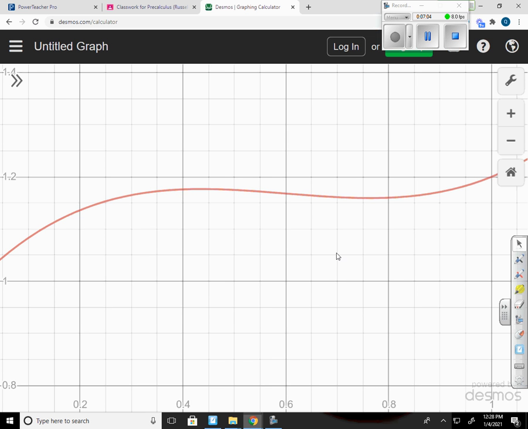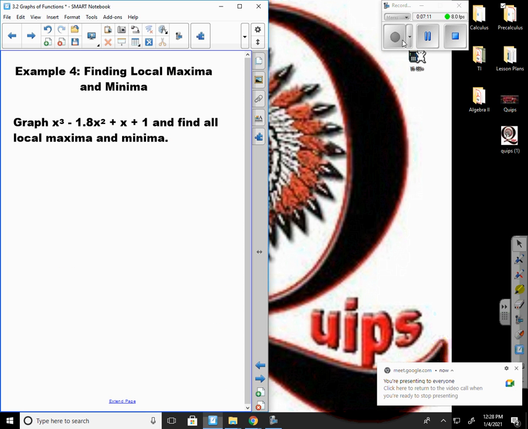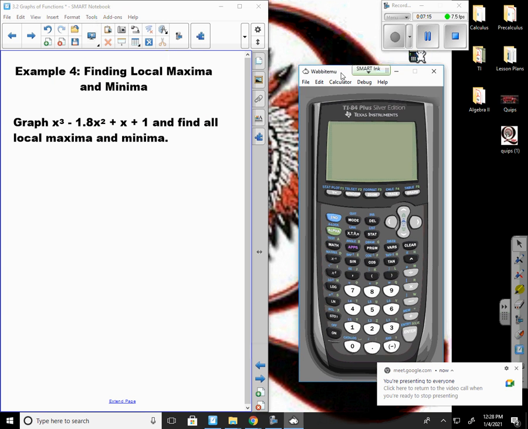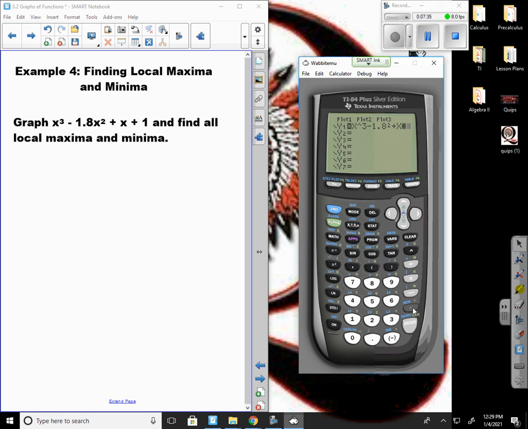If you wanted to do this on a graphing calculator, you could do that as well. I'll pull up the example of that. And it's fairly easy to find your local max and min on this as well. You're just going to go into y equals, graph your equation like you always would: x to the third minus 1.8 x squared plus x plus 1.